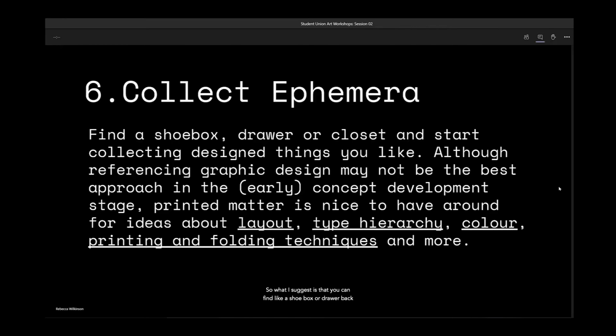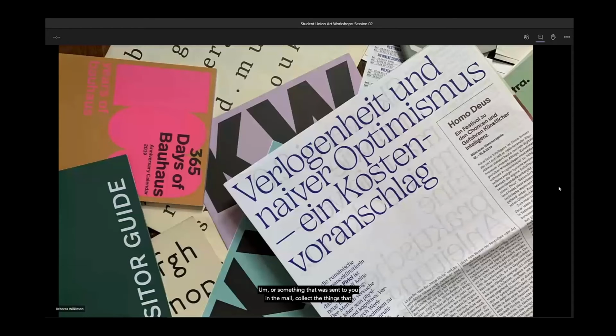So what I suggest is that you find a shoebox or a drawer or the back of a closet somewhere, and you just start collecting things today, whether it's a free broadsheet that was printed by the OCAD student union, or a flyer you find in a store or something that was sent to you in the mail.